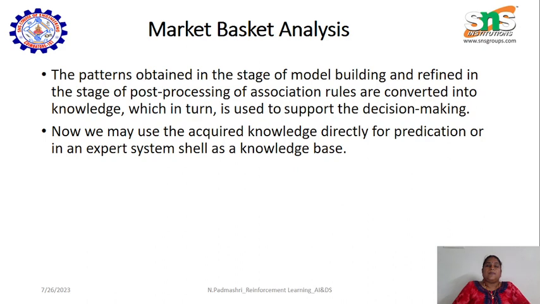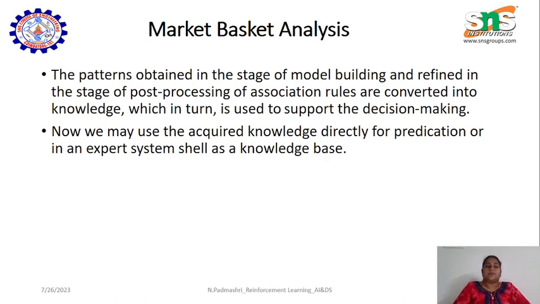The next stage will be the post processing of association rule, which is converted into knowledge, which in turn is used to support decision making. Now we may use the acquired knowledge, whatever we acquire from the previous data accessing, pre-processing, model building, then applying the association rule, that is the data dependency between one data and the other, then mapping it.